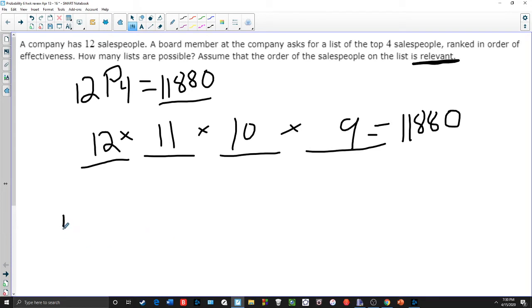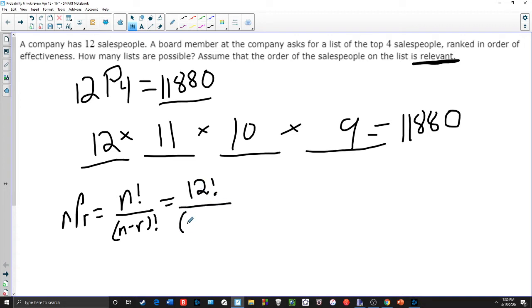So remember, the nPr formula by hand is actually this: n factorial over n minus r factorial. So where n is the total number of things you have, and r is the number that you're picking. So I have 12 total people that I have, and I'm picking 4 from those.